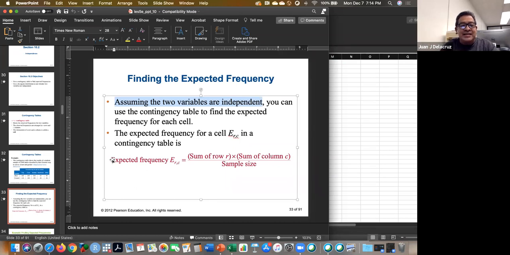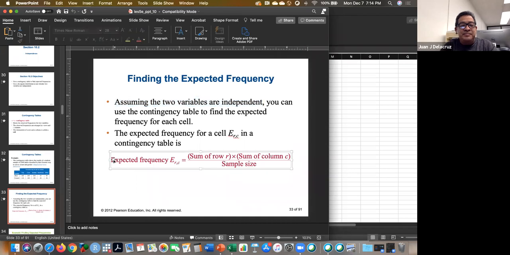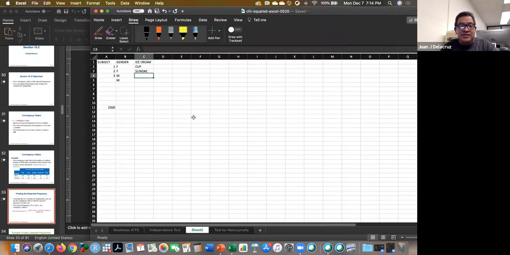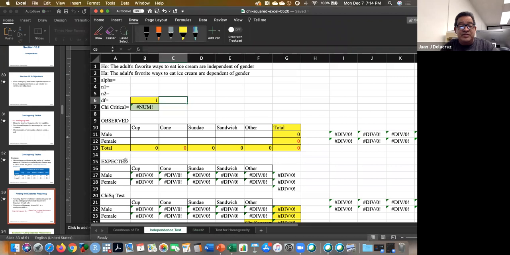So here, the expected frequency is going to be the sum of the row multiplied by the sum of the column divided by the sample size. Is that a tongue twister? Probably yes. Let me do this here. So we have, so this is the expected. So first of all, let me raise this.